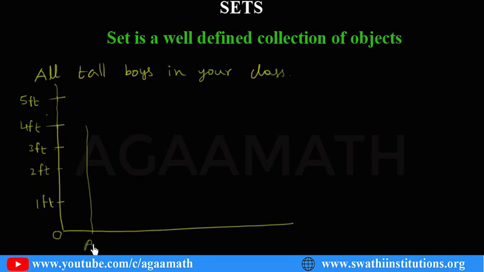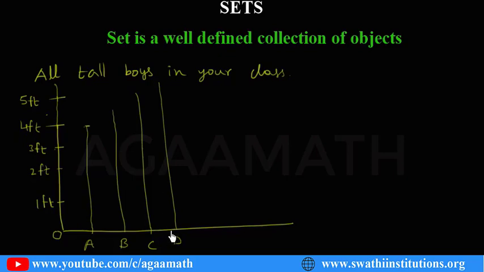So this is student A, 4 feet, and this is a little more, 4.5. This is student B. See, this is D. For example, imagine that there are 4 boys in the class. So the names of the students are A, B, C, D. So this is the height of A, height of B, height of C, height of D.